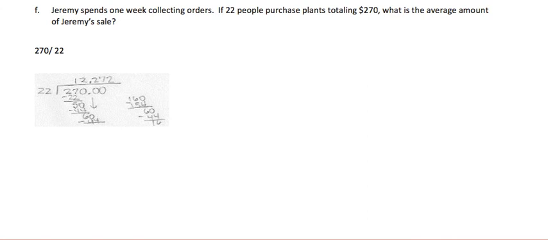And we find then that $270 divided by 22 people is $12.272. And remember, this is money. So when we represent that number, we'll have to round. And the average amount of the sale is $12.27.